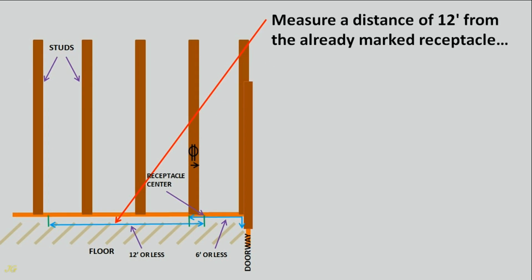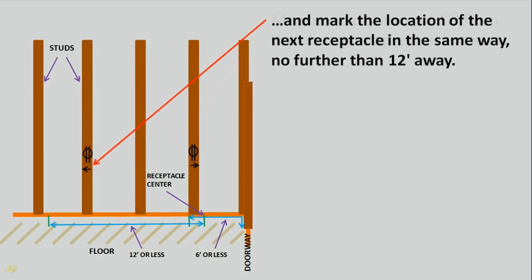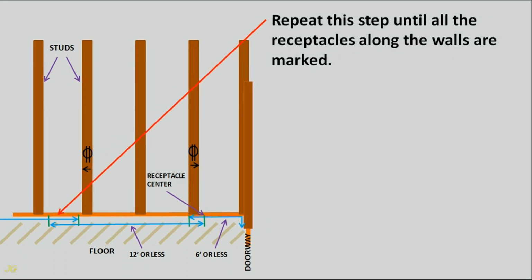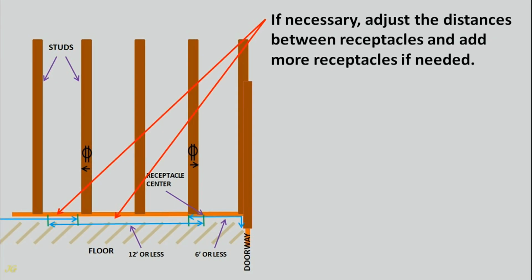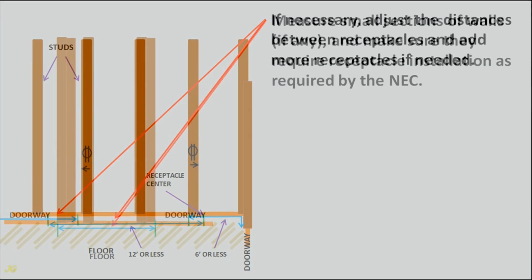Measure a distance of 12 feet from the already marked receptacle, and mark the location of the next receptacle in the same way, no further than 12 feet away. Repeat this step until all the receptacles along the walls are marked. If necessary, adjust the distances between receptacles and add more receptacles if needed.